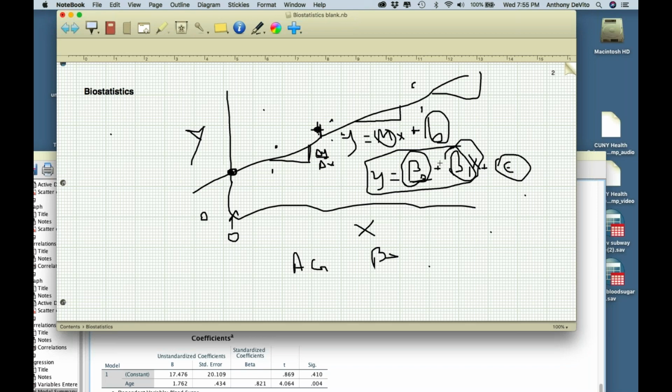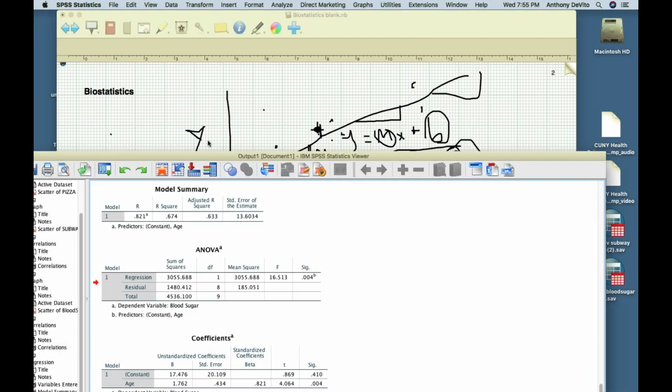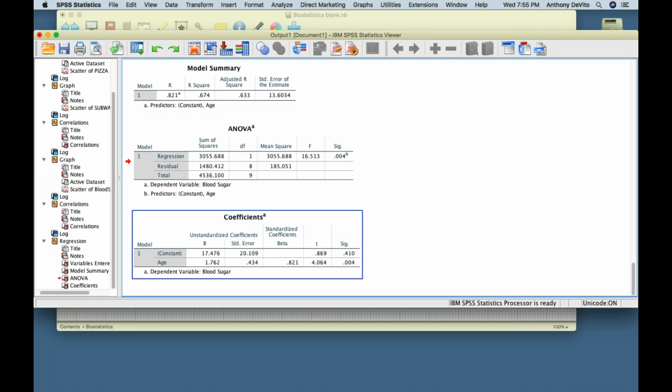So what's the best way to describe this line? Well, I need those coefficients. If I go back to my output, SPSS has given me those coefficients: 1.762 and 17.476. I'm going to call that 1.8 and 17.5.